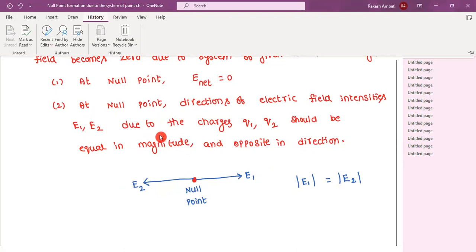So both intensities cancel out. Hence, resultant electric field becomes zero.